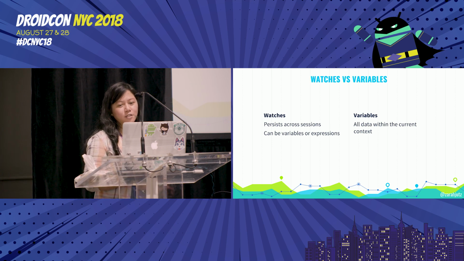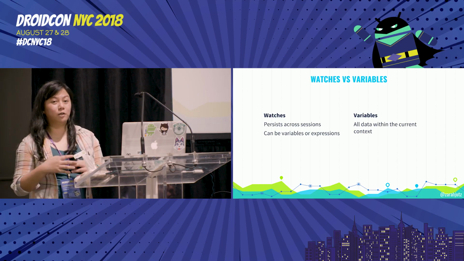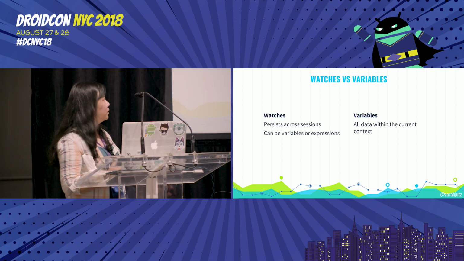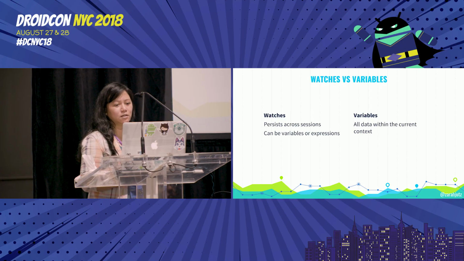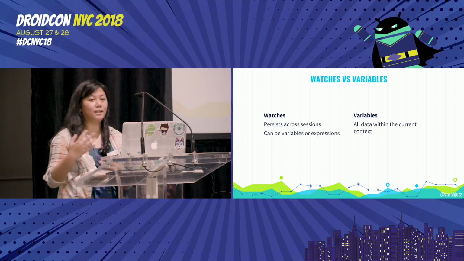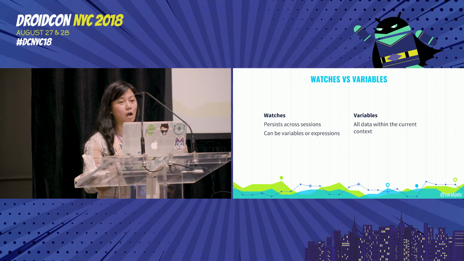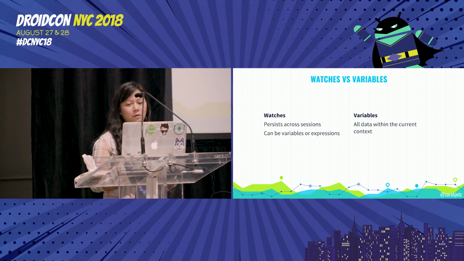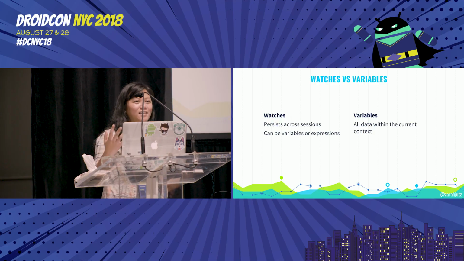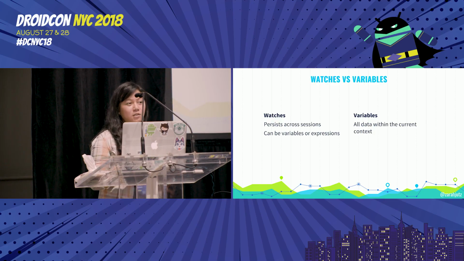Mainly because watches persist across debugging sessions, whilst variables are transient and are only available in the current context. Variables are also automatically collected based on what the debugger sees when it's stopped at a particular frame of your code, whereas watches can be basically anything you want. As long as the debugger can resolve it, a watch would have a result for you.